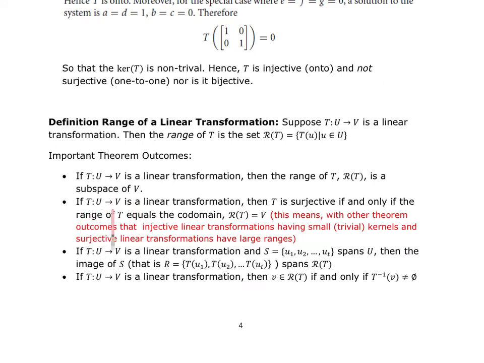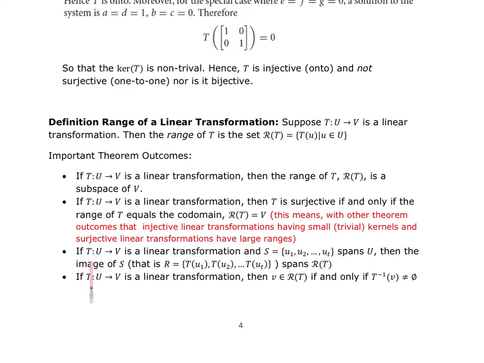And if T from U to V is a linear transformation, then T is surjective if and only if the range of T equals the codomain. This means, with the other theorems up above, that injective linear transformations have small or trivial kernels, and surjective linear transformations have large ranges.